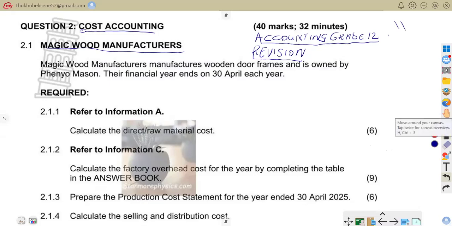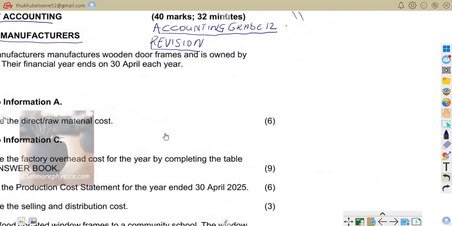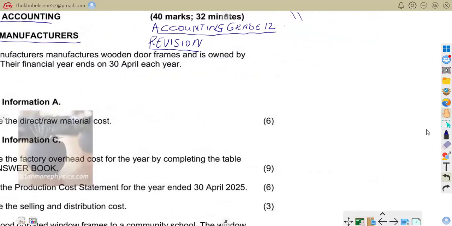The main concepts that you're going to study in grade 12 when you do cost accounting, good people, are direct material cost.